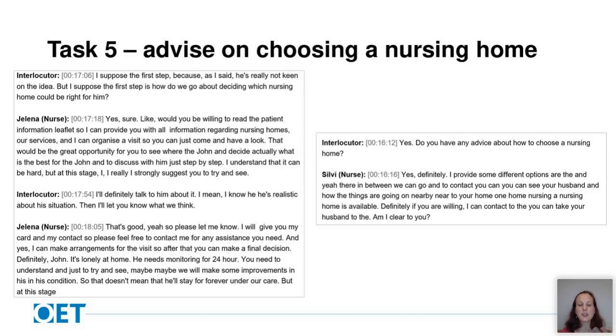I think the more that you practice doing the role play for 5 minutes, the more familiar you get with how long that feels like when you're talking. And so the nurse on the right was probably running out of time, and her speech wasn't all that fluent for this response. So for these two, I would say that the option on the left was stronger with all of the different ideas and suggestions that they made.